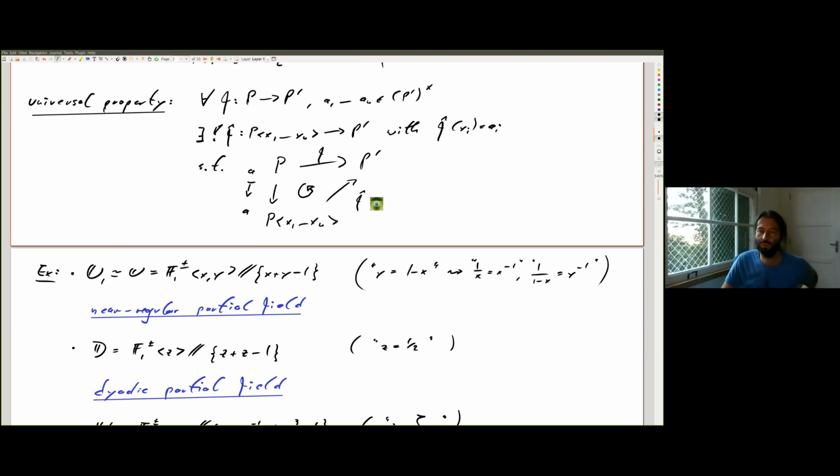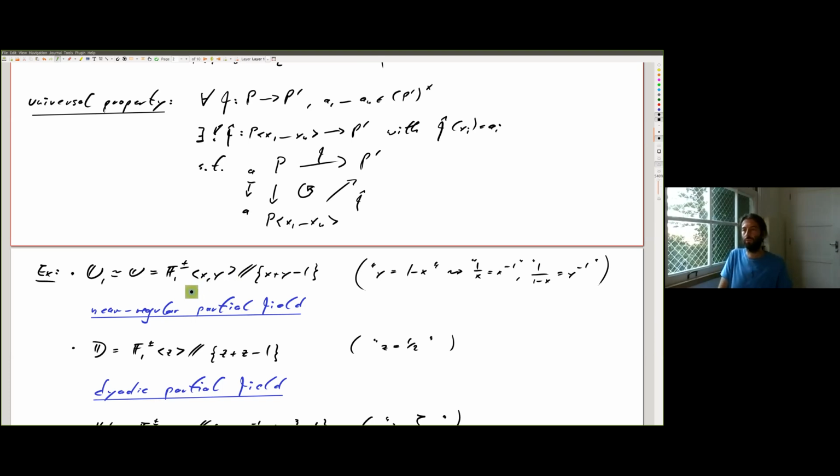And now this free algebra construction paired with quotients allows us to write down more examples that we saw already last week. So to start with, there's the regular partial field, which in the literature normally is denoted by U1, and we denote it by U because it plays a very central role in our theory, so we just allowed ourselves to drop the index to have as slim notation as possible.